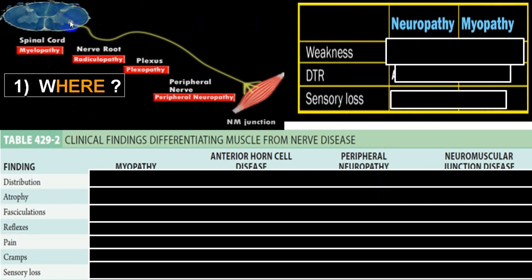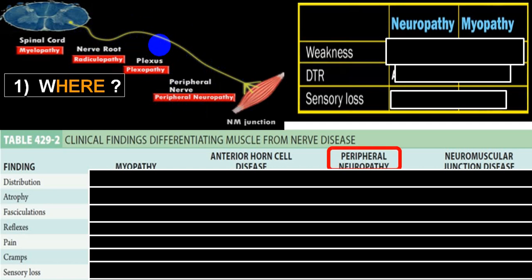But when you get the lesion in the anterior horn cell or in this nerve root up to the myoneural junction, it will be a lower motor neuron finding. But the portion which is outside the spinal cord, that is nerve root, then we have got a plexus, peripheral nerve up to the myoneural junction, this entire portion is called the peripheral nervous system.